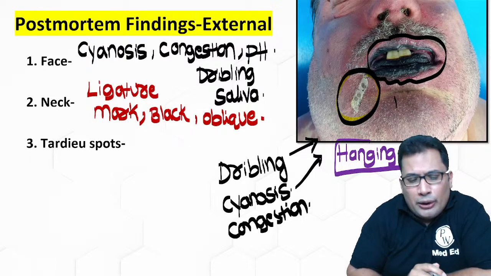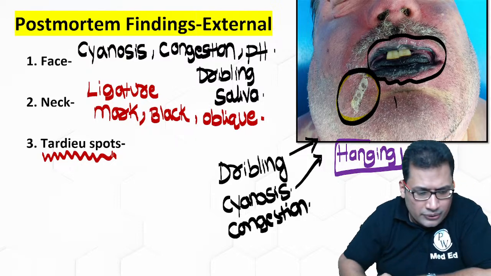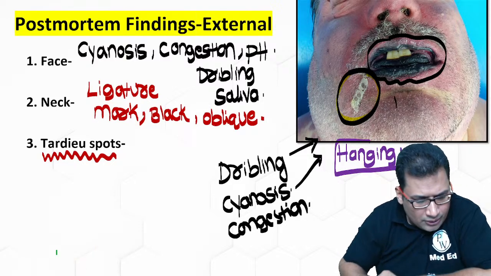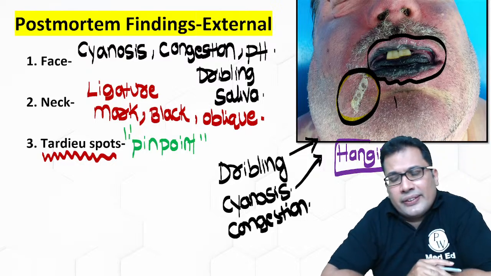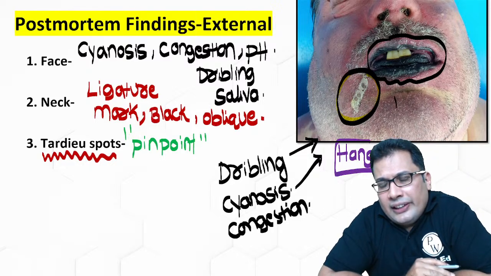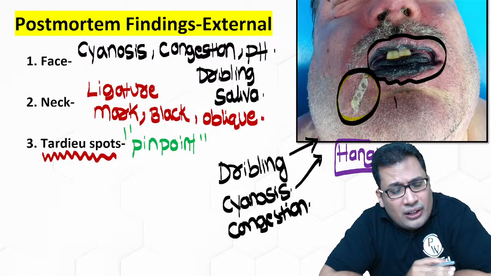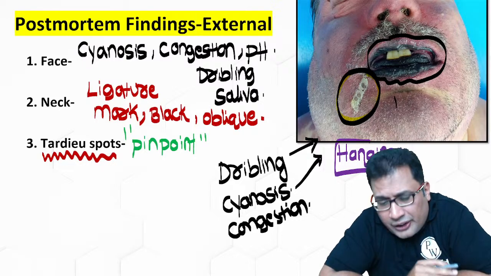Then there can be tardive spots, which are pinpoint hemorrhages. They are seen over the eyelids, over the surface of heart, surface of lung, sclera, conjunctiva. There are multiple tardive spots because of the asphyxia.